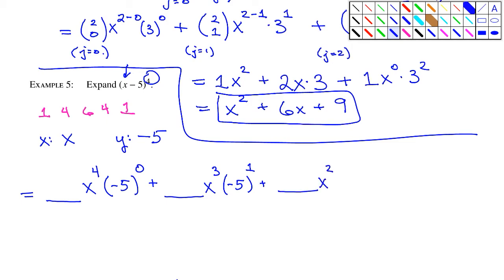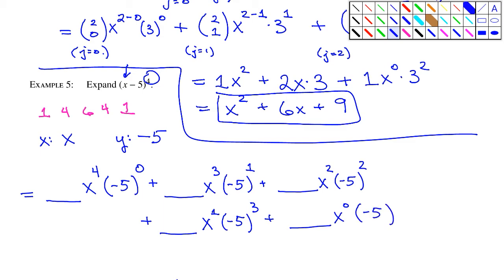It'll be x squared times -5 squared, plus blank x to the first times -5 cubed, plus blank x to the 0 times -5 to the 4th power. And then what goes in these blanks? Those are just the binomial coefficients. 1, 4, 6, 4, 1.